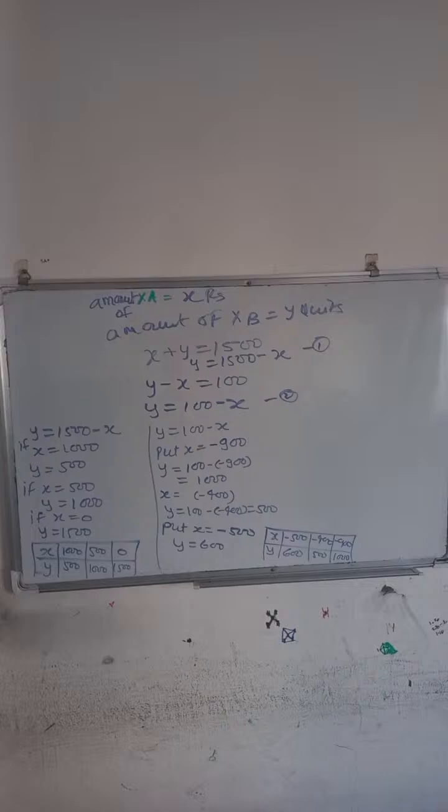I'll repeat. Solve graphically the pair of linear equations 3x minus 4y plus 3 is equal to 0 and 3x plus 4y minus 21 is equal to 0.